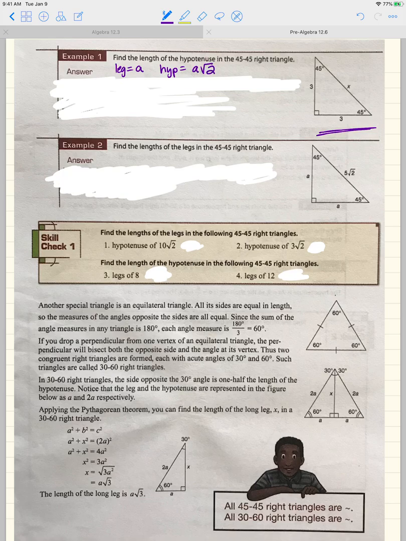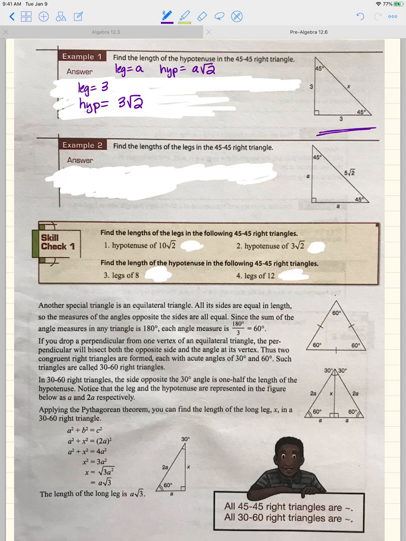So if the leg of this triangle in example number 1 is 3, then the hypotenuse is simply 3 times the square root of 2. That's it. That's all you have to do.